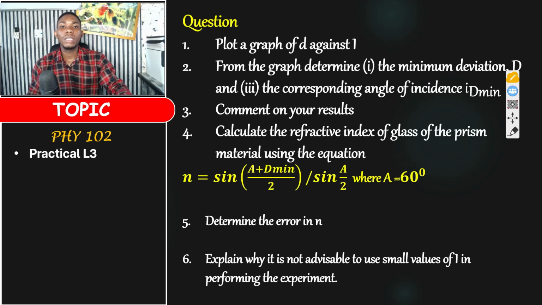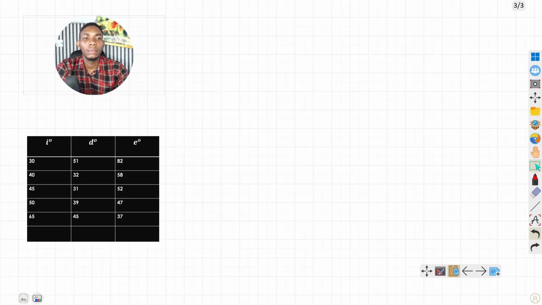So we are going to plot a graph of D against I. Let us go to the graph section. D would be on the y-axis and I would be on the x-axis.